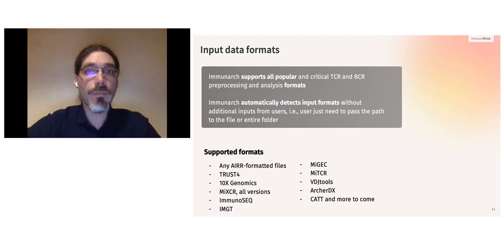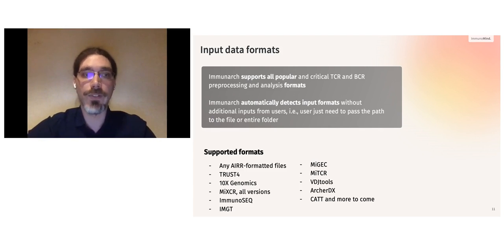Let's start with the data. As I already said, Immunarch supports all popular and critical T-cell and B-cell repertoire preprocessing and analysis formats. What's important here is that Immunarch automatically detects input formats without additional input from users.